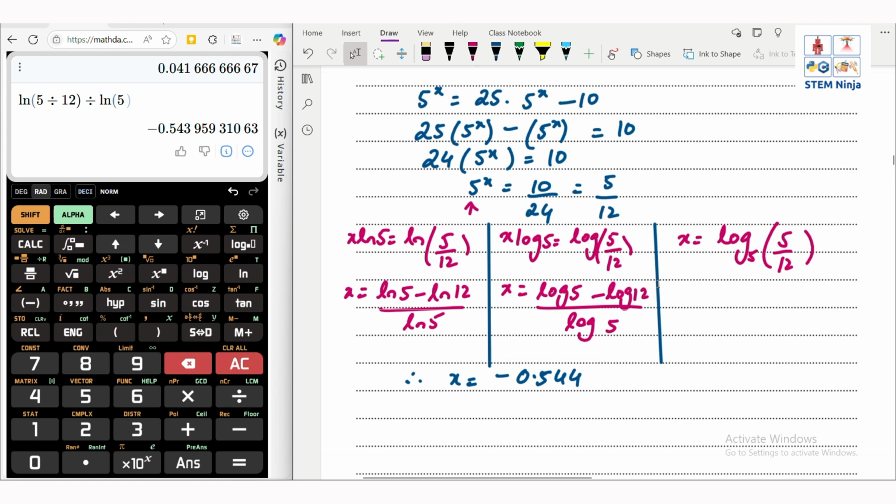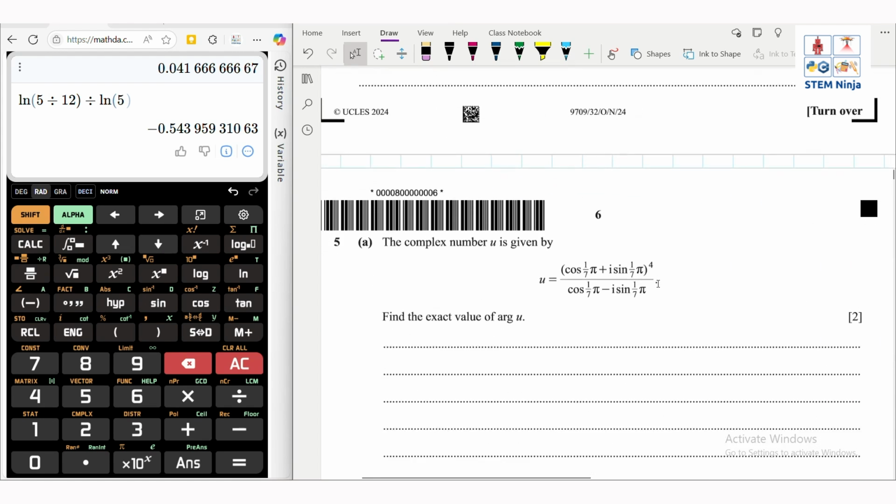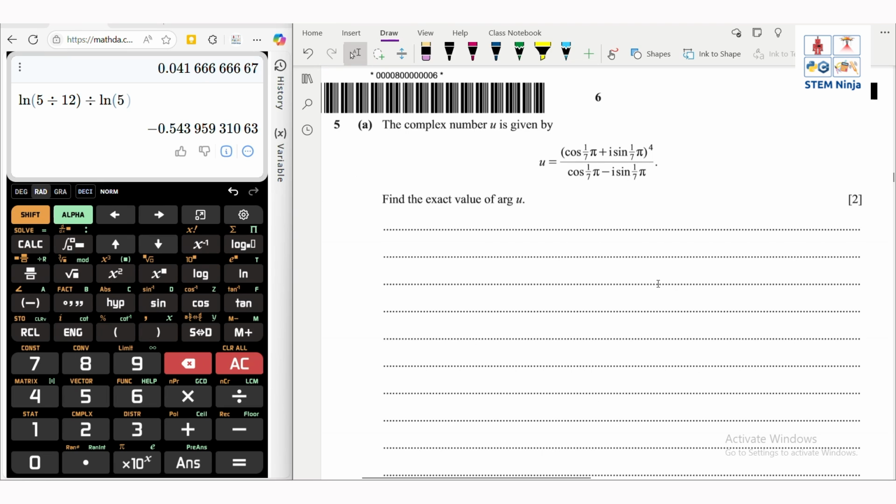All right, moving on to the next question. The complex number u is given by cos pi by 7 plus i sine pi by 7, raised to power 4 and minus 7.